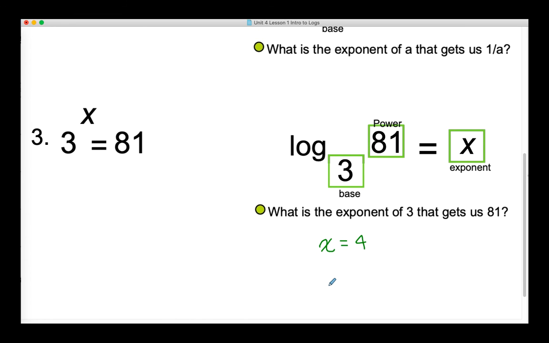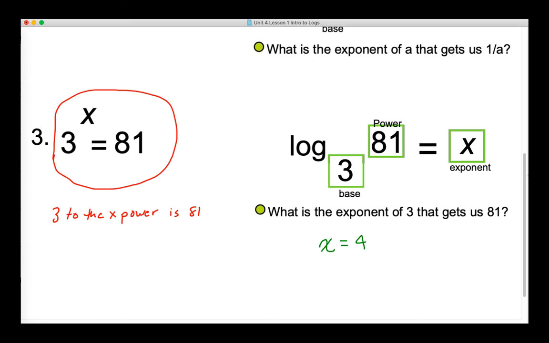Now I want to also note something here. We often have read this wrong. If you're in class and I asked you to read this, most of you would say 3 to the x power is 81. And that's something I wish we would address and we would stop saying it.